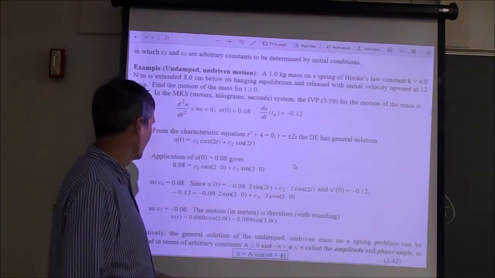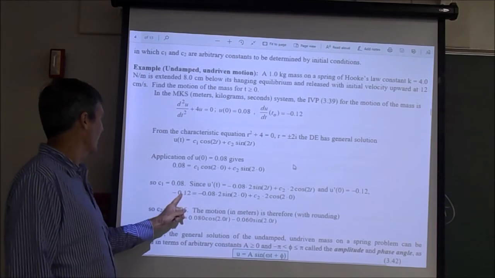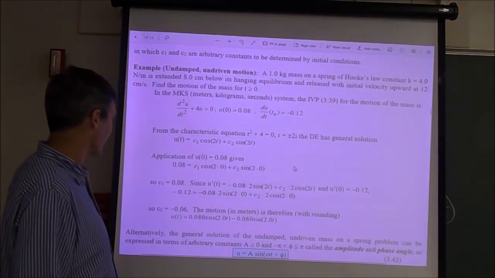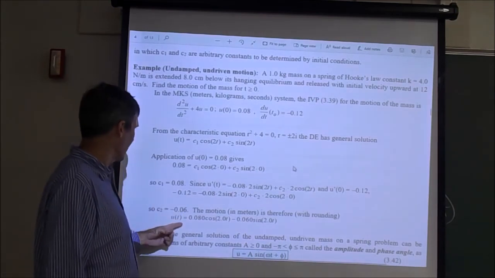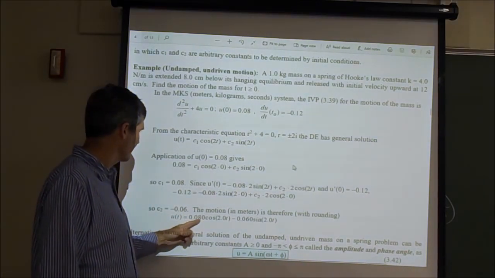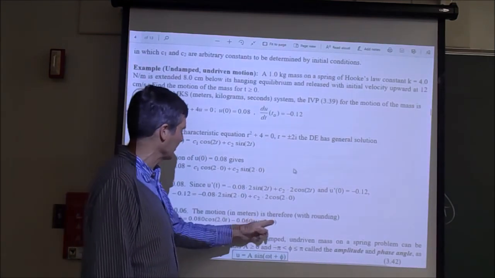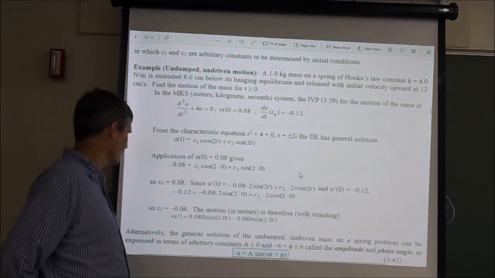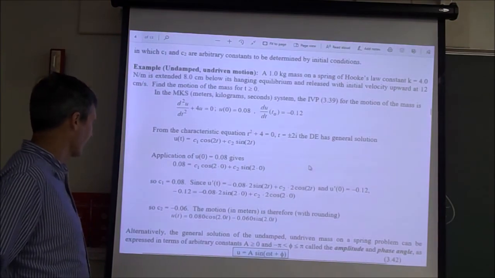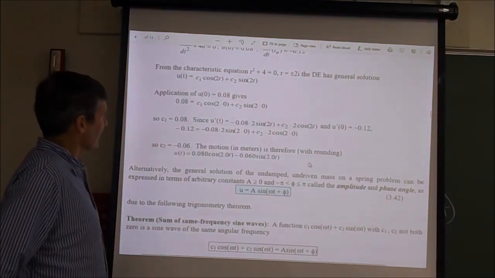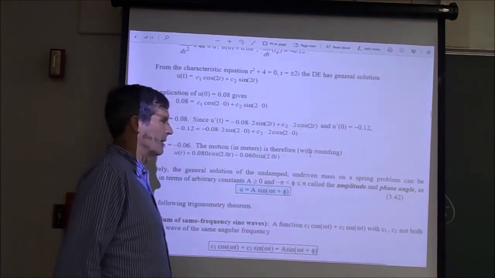So 2 C2 equals minus 0.12, and consequently C2 is minus 0.06. Now I put those constants in, and I have the exact motion of the spring. It's 0.08 cosine 2t minus 0.06 sine 2t. All right, so there's the motion of the mass on the spring.